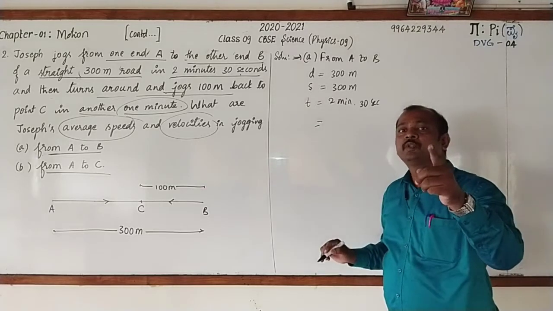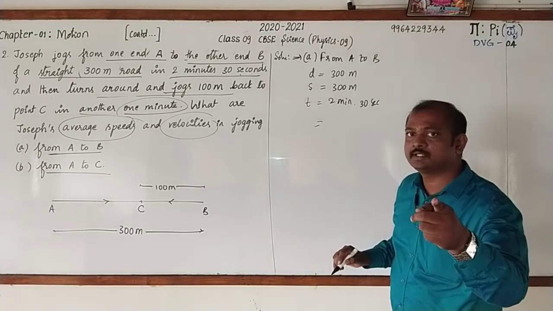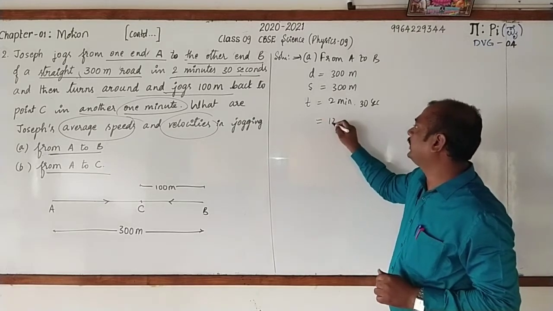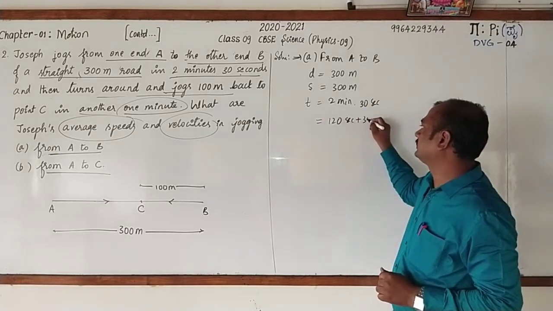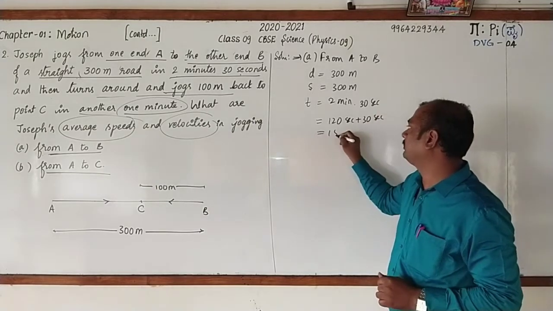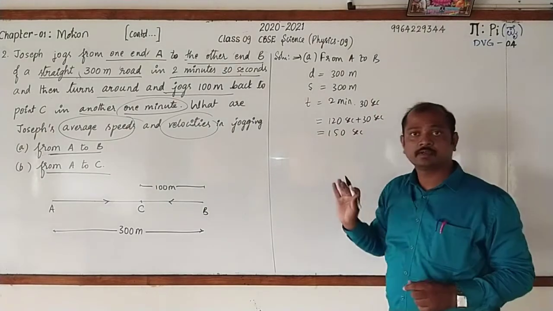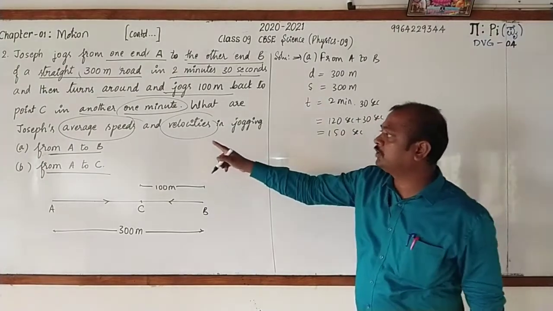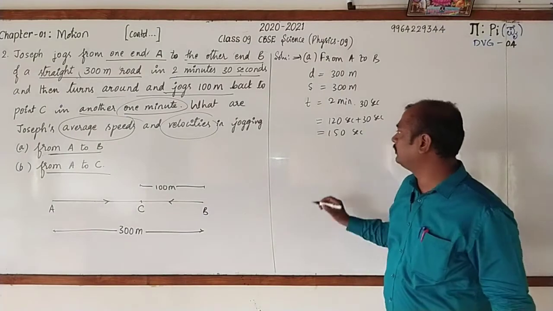You all know that 1 minute equals how many seconds? 60 seconds. 2 minutes is 120 seconds plus 30 seconds. Altogether it will be 150 seconds. Clear? With this information, you are going to find out average speed and average velocity.